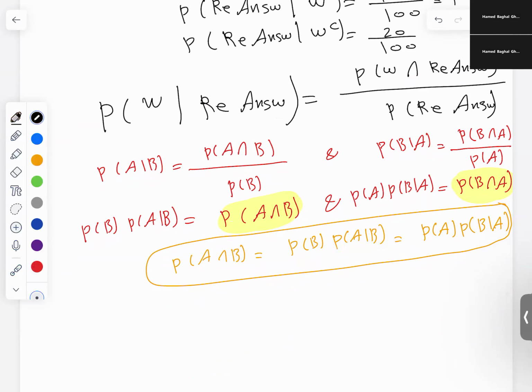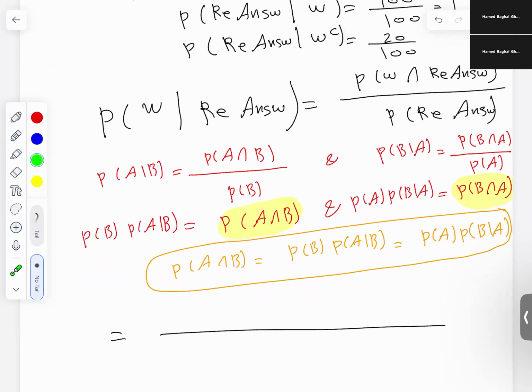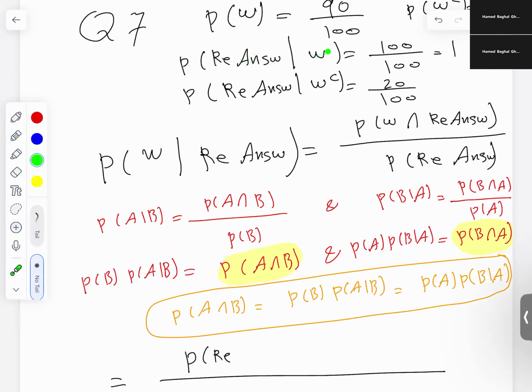So let's go here. Equals probability of this guy will be written as this. Probability of return answer. So I am seeing here, okay, I am seeing here.